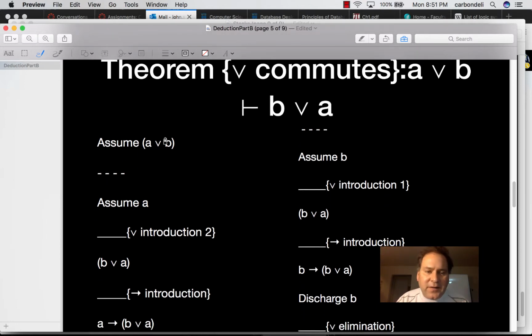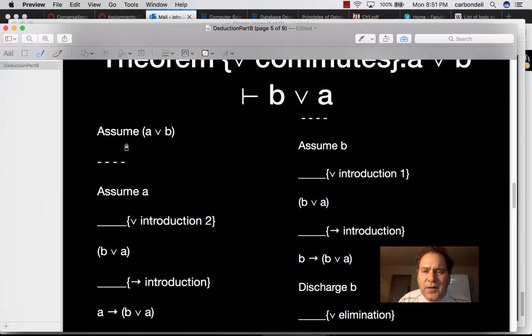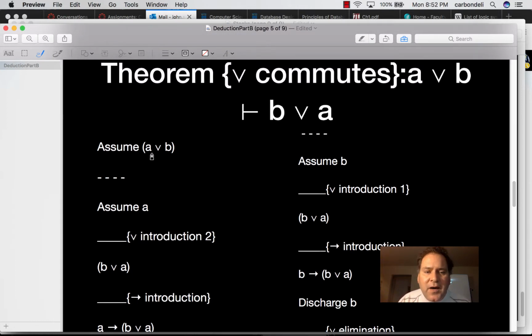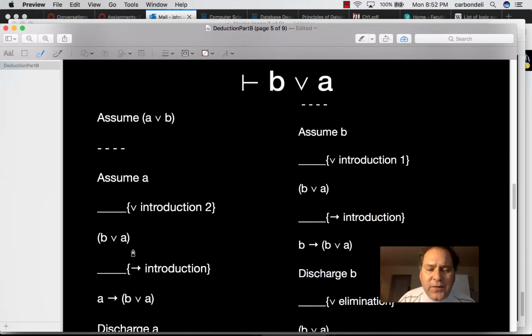And we start in the left column here. There are actually two columns in this slide, and we're starting at the top of the left column. We're assuming A logical OR B is true, and we're assuming A is true, and then by logical OR introduction 2, we can state that B logical OR A is true.